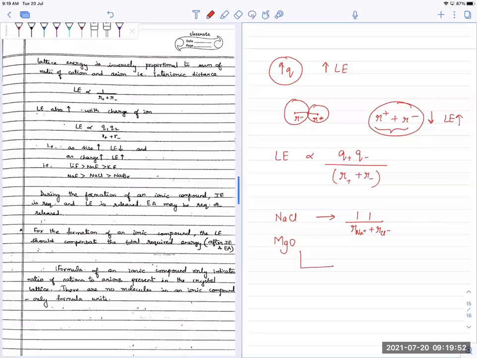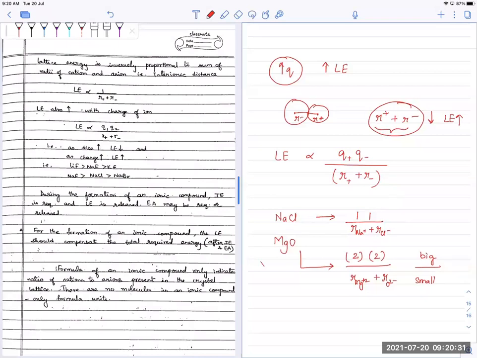Whereas in magnesium oxide, the charge of magnesium is 2 units, the charge of oxygen is also 2 units, divided by the size of Mg2+, which is smaller than Na+ because of the higher charge on the cation, and the size of oxide, which is small because oxide is second period and chloride is third period. So the denominator is small, the numerator is big, so the overall value is large. Your lattice energy is more for magnesium oxide compared to sodium chloride.